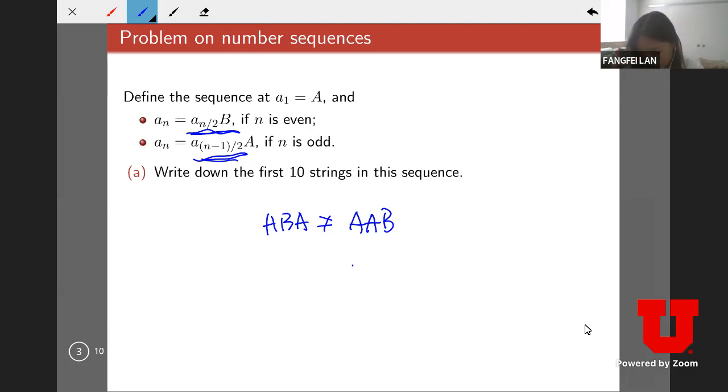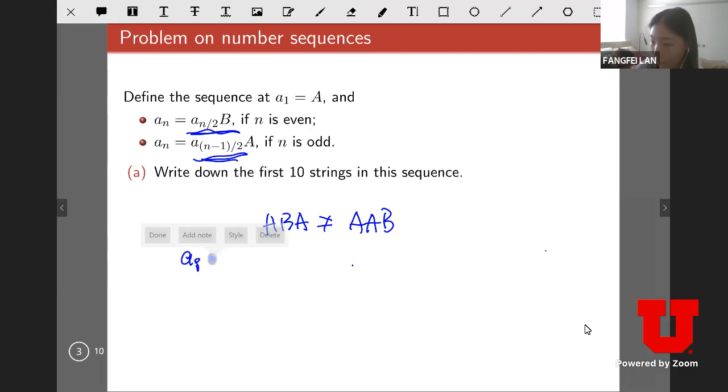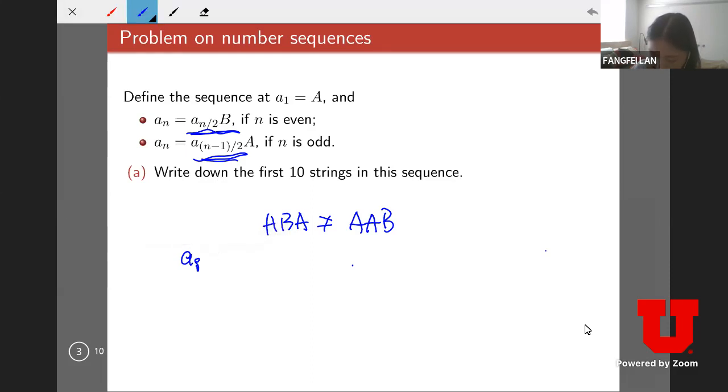I don't know why this keeps happening, but what's very important is that right here, we have A8. Let's actually do this one. A4B, which gives us ABBB.